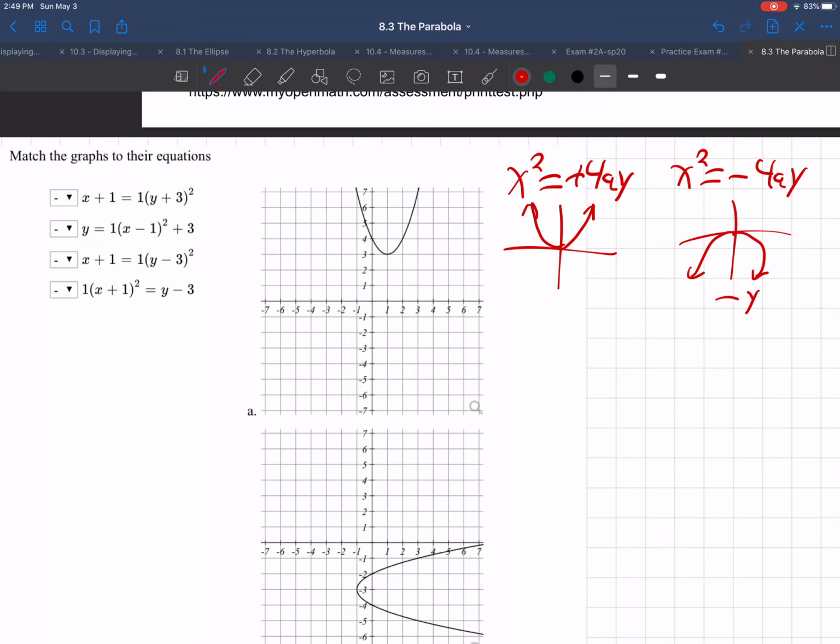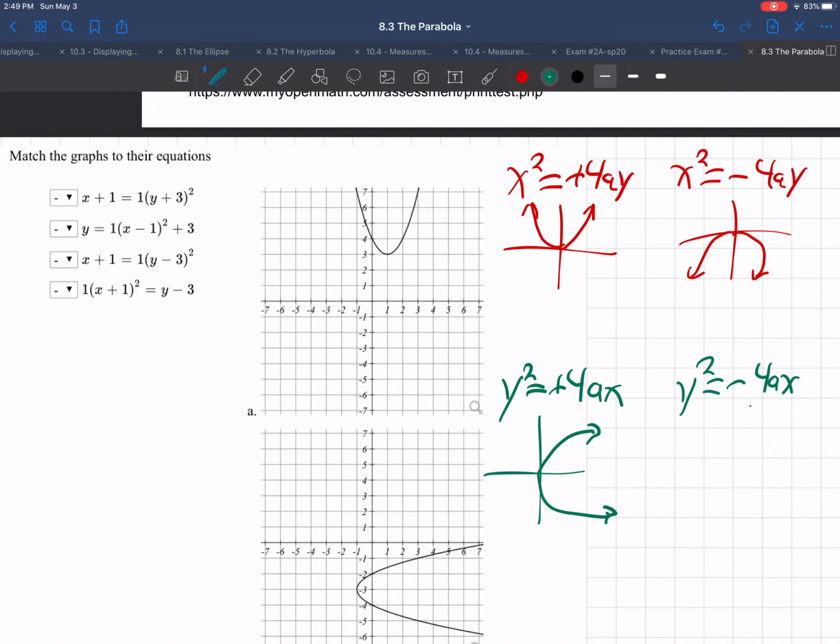And then I'll go down here, and if you have a parabola y squared is positive 4ax, then that'll be to the right. And if you have y squared is minus 4ax, that'll be to the left.